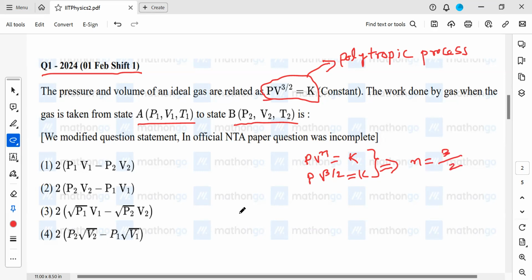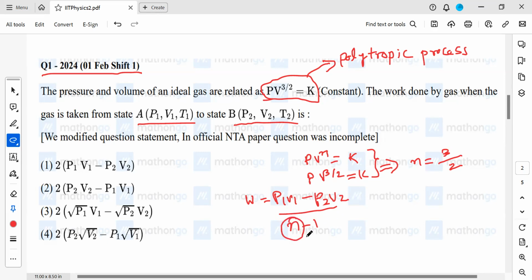If you remember the formula for work done in a polytropic process, W is equal to (P1V1 minus P2V2) by (n minus 1). If you remember it, you can directly use the formula.